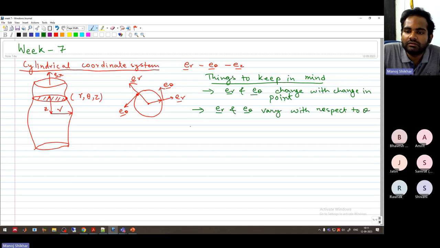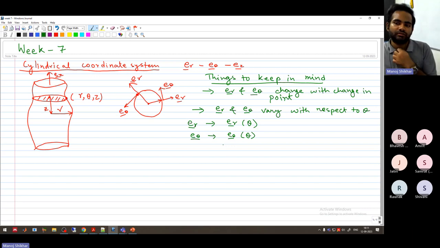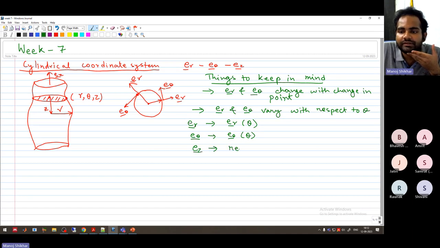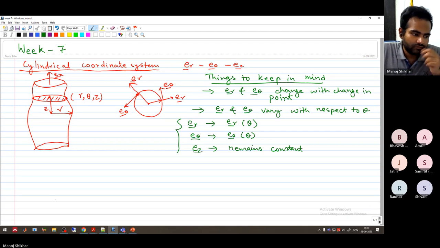This means that e_r is a function of theta and e_theta is also a function of theta. And the e_z vector remains constant. So these are three things you should keep in mind.